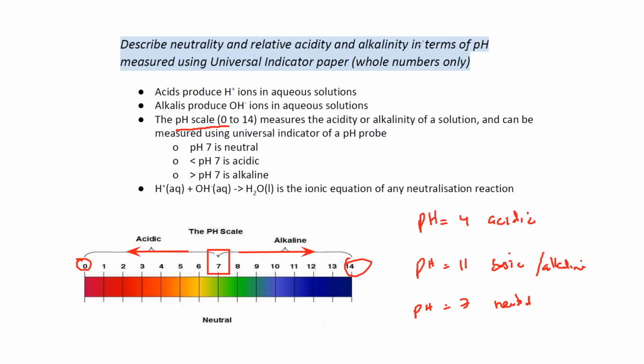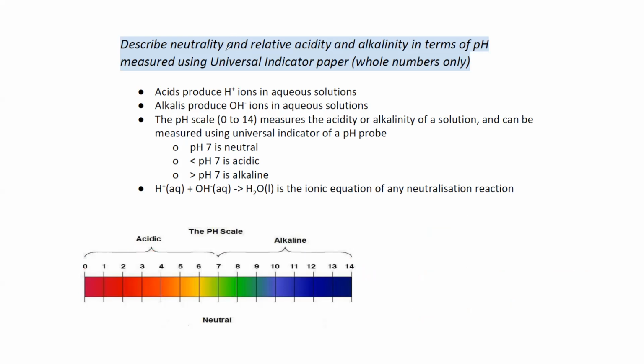And when we have a strong acid, it has a lower pH. For example, pH 1, 2, these are strong acids. pH 3 to pH 6, these are acids but weak acids. And 12 to 14 refers to strong base.